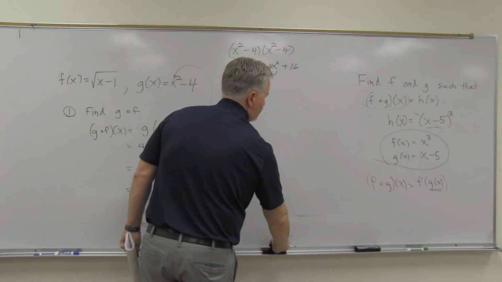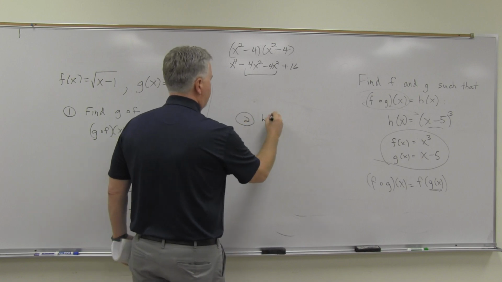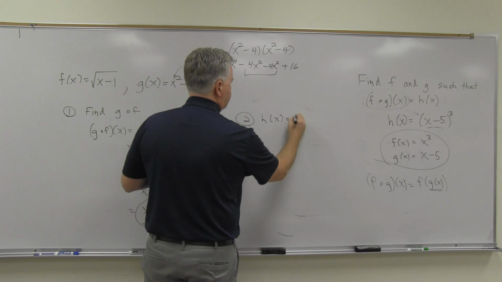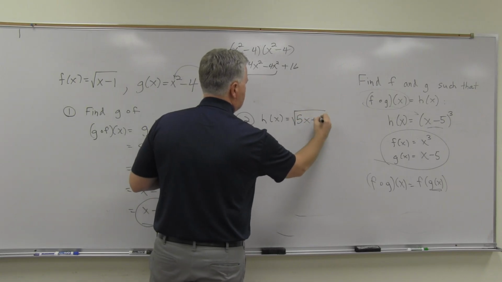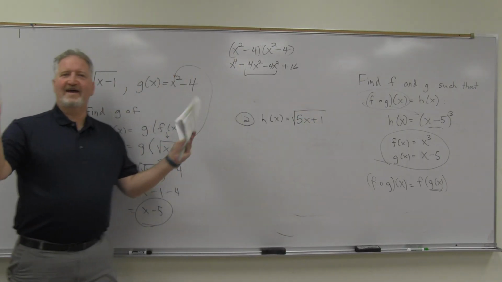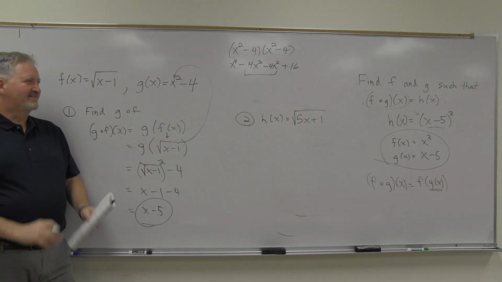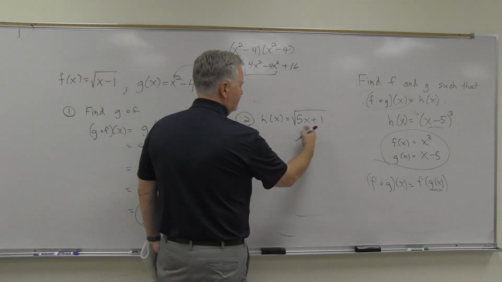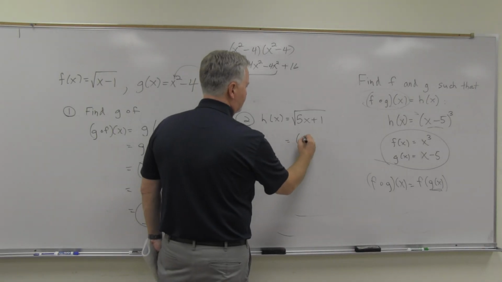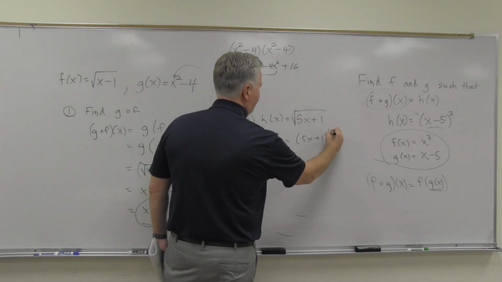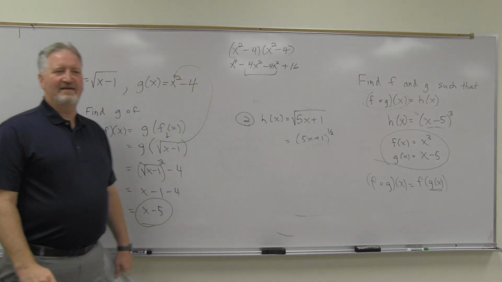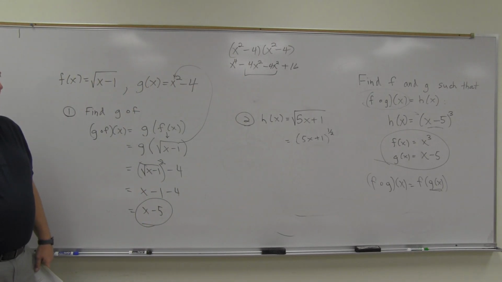All right, so let's do number 2 there. So what if h of x is the square root of 5x plus 1? And you can also kind of look at it as a parentheses thing. The first thing I want to do is the inside, inside the square root there.